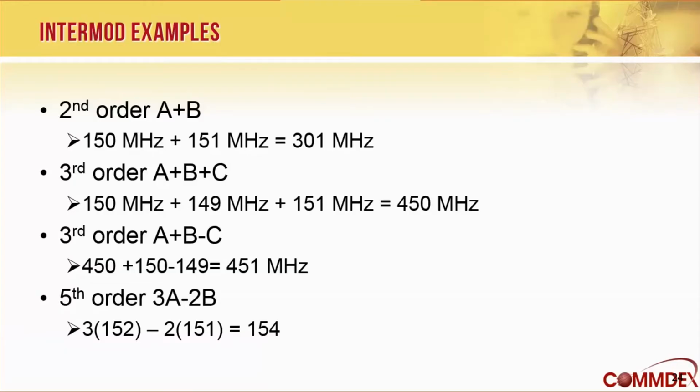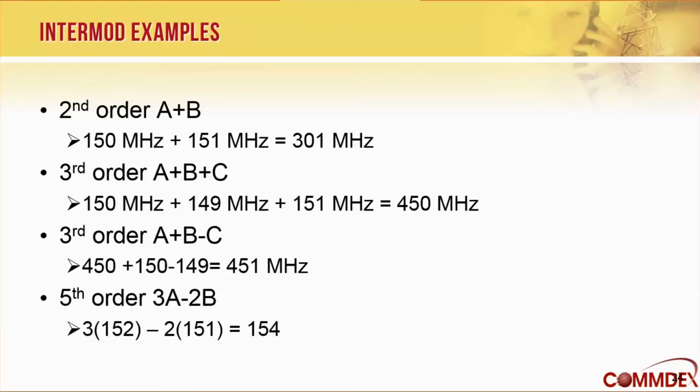So let's do some examples. A second order combination. The reason they're called order is if you look at the coefficients of the variables there, they're ones or twos, so you add the coefficients together to get the order. So second order, you have like 1A plus 1B. That's why it's called second order.